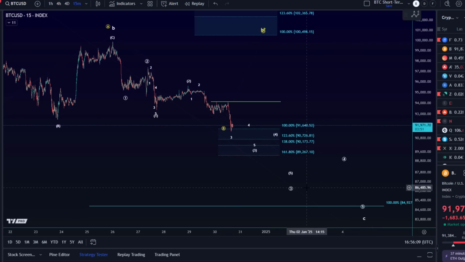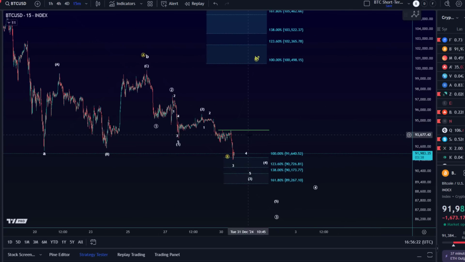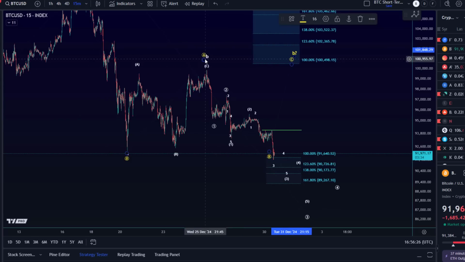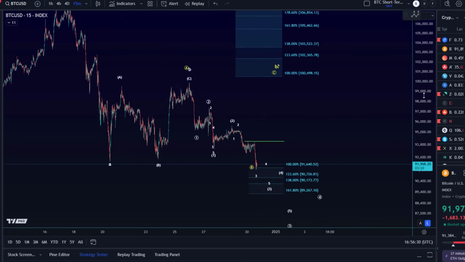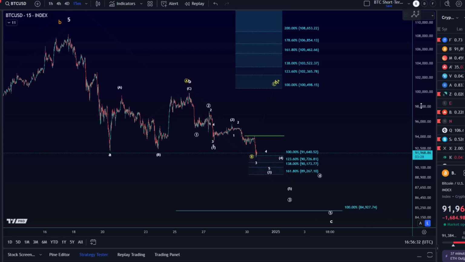And the next milestone target to the downside is 85K. And on the micro level, 90,726, 90,173, and 89,267. Should the market break above this last swing high, then a wider B wave could be unfolding, or even a larger 1-2 setup. So in summary, the white scenario appears to be leading.